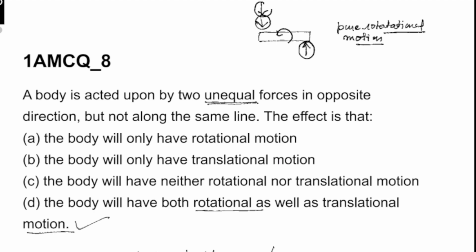And because you are applying more force, the rest of it, this part, will give it the motion of translation. It will move. So we will get rotational motion as well as translational motion, because the forces are unequal.